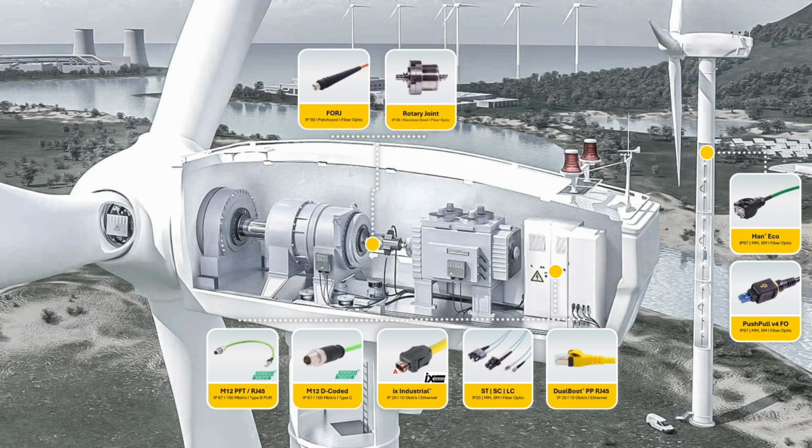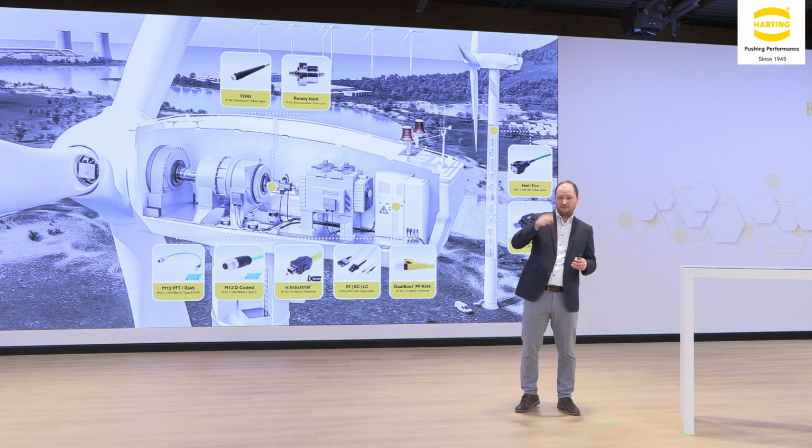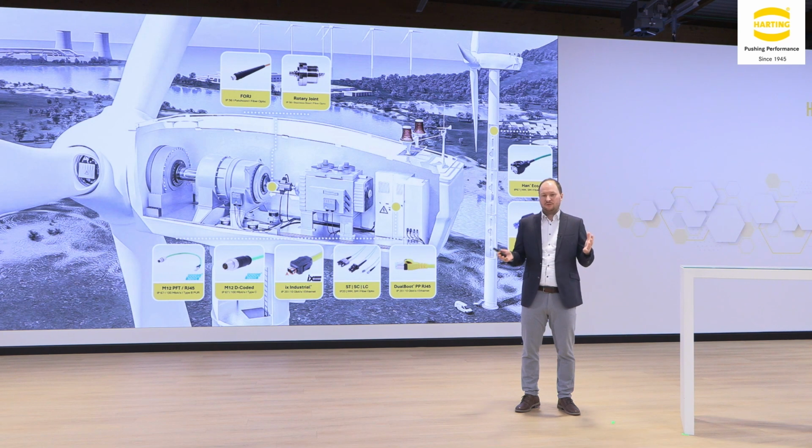Here, HARTING offers an integrated system so that we can have full fiber optic communication from the ground, from each windmill, from each rotor blade, from one windmill to another, and we have the full communication. HARTING offers the complete solutions.